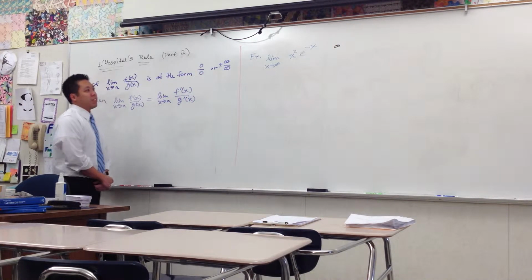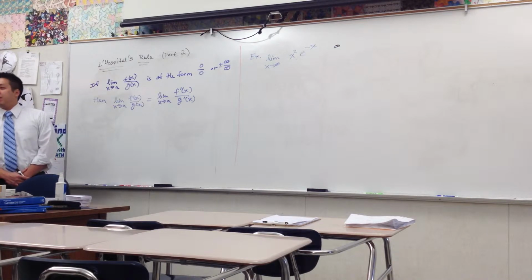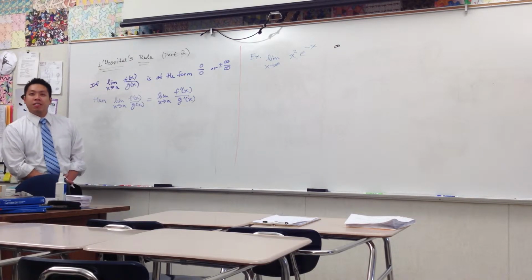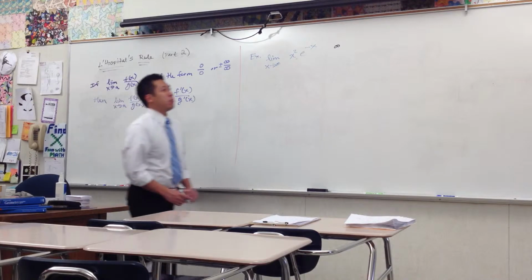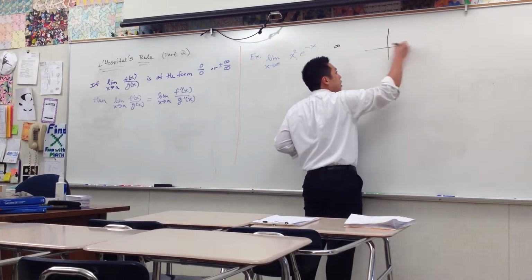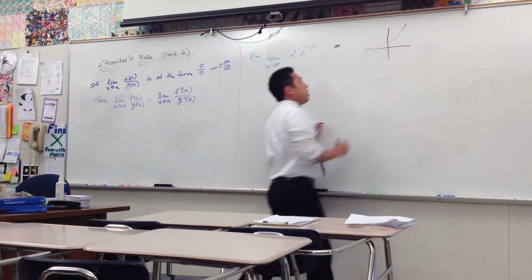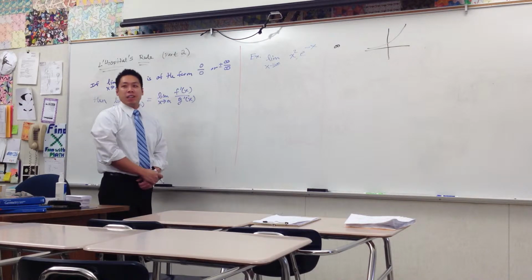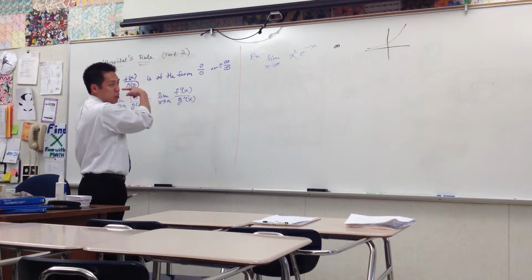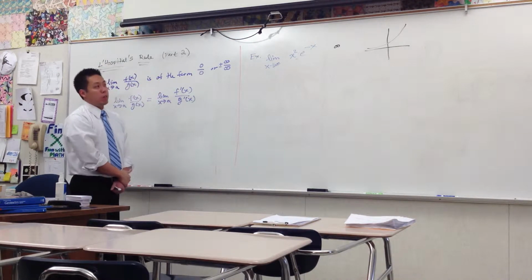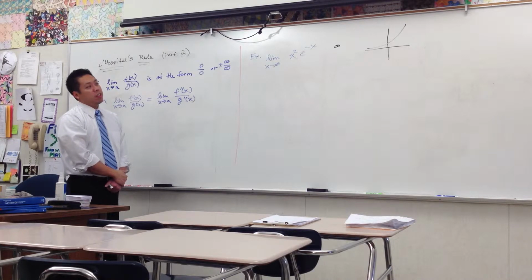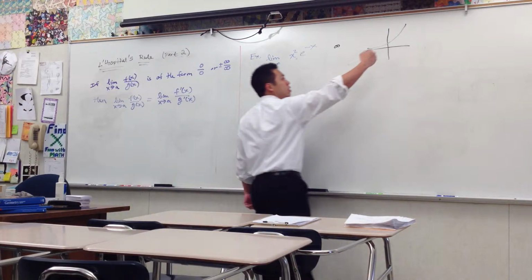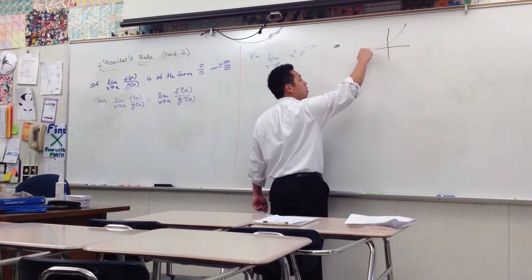What's e to the negative infinity? So you remember, e looks like this. If you go towards negative infinity, towards the left, if you follow the graph towards the left, what do you approach? You go towards 0.